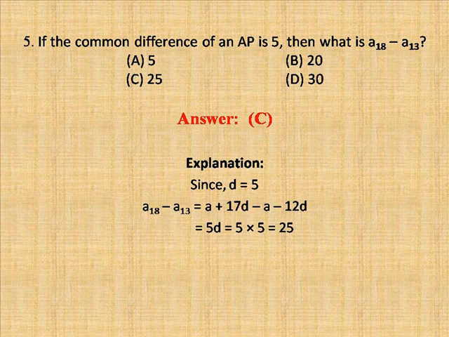Since common difference d is 5, now a18 minus a13 has the form a plus 17d minus a minus 12d, because a13 is a plus 12d, there is minus, so both the terms will become minus. So that is a cancel. 17 minus 12 gives 5d. Put the value of d is 5, so you will get answer is 25. So option C is your answer.